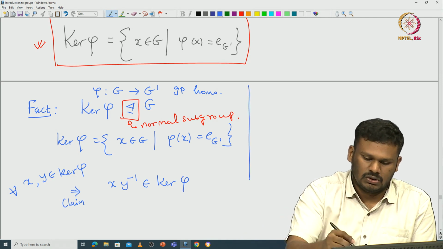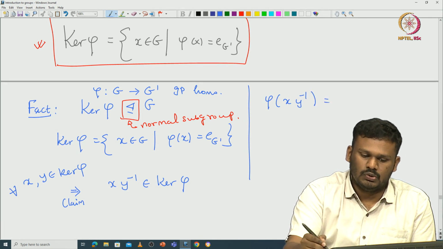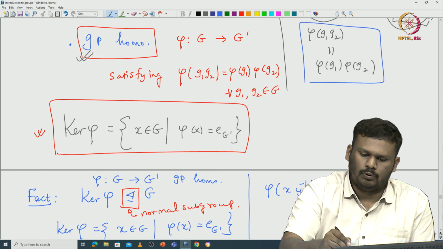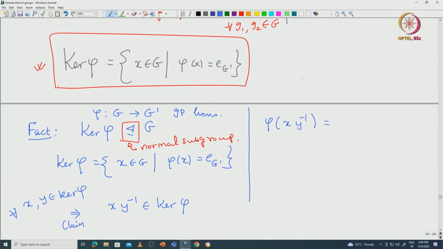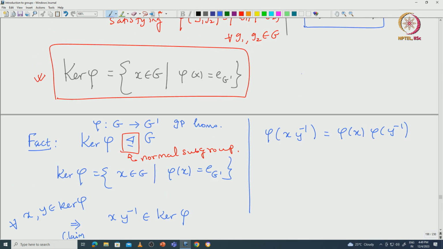Let us see. If you compute phi of x y inverse, then using the definition of the group homomorphism, phi of x y inverse becomes phi of x times phi of y inverse. It is not hard to verify that phi of y inverse must be the same as phi of y inverse, the inverse of phi of y. I will leave this for you to verify. That is because y times y inverse is the identity.